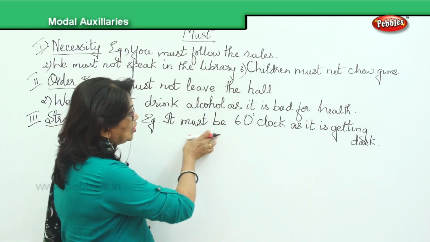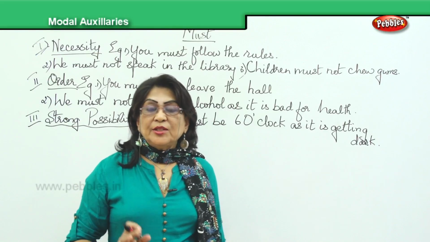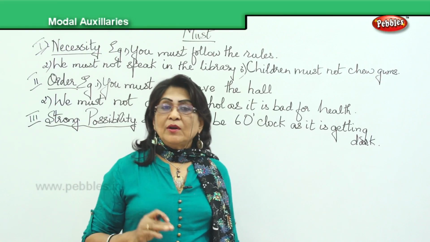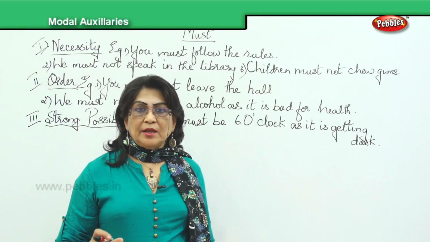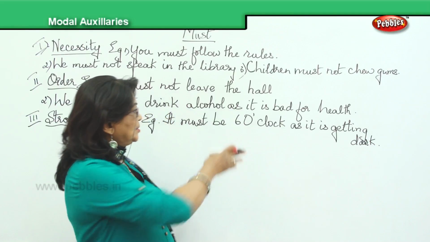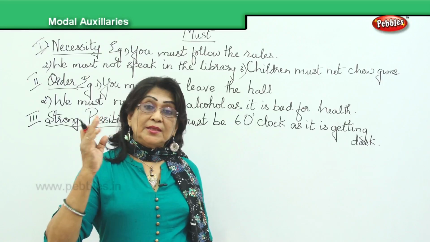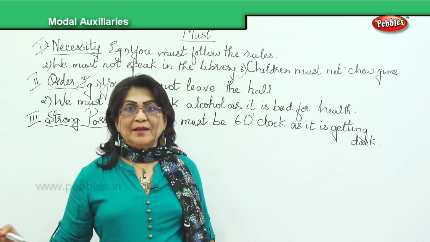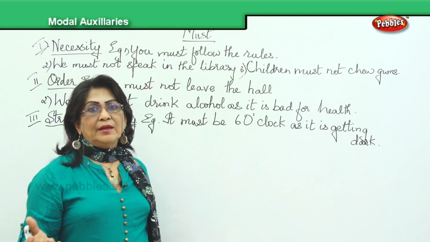Okay, now when I talk about the 6 o'clock and getting dark, maybe only in these Asian countries we have sun setting at around 6 o'clock. But in foreign countries, like for USA for example, during winter, the sun sets only at 9 o'clock. Isn't it so funny? So this rule cannot be for all countries, only for Asian countries. Certain countries the sun doesn't set at all. They call it the land of the rising sun. Okay, so this rule is just for our country or any other Asian country.